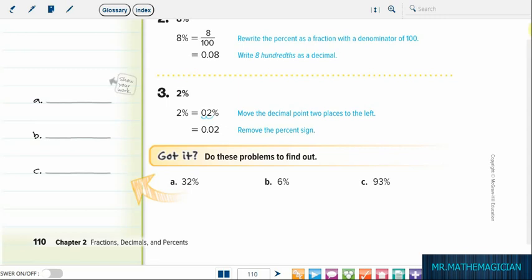Now let's solve these problems. For me, I prefer the first method, so I will work with the first method.